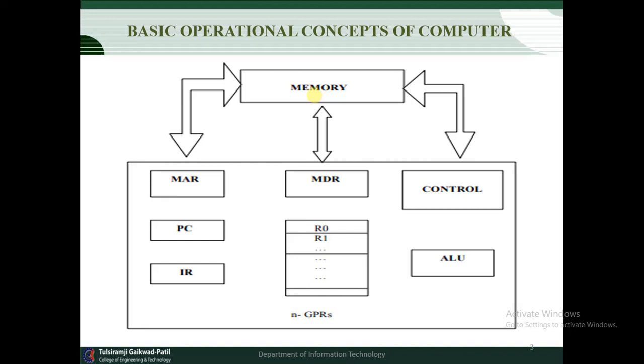While performing the instructions, we have different types of registers. Instruction register, PC, which is called the program counter, MAR is called the memory address register, MDR is called the memory data register, and R0, R1 are called general purpose registers, which are used during execution of the program to store data. The control unit has operations to control the overall coordination of input and output.